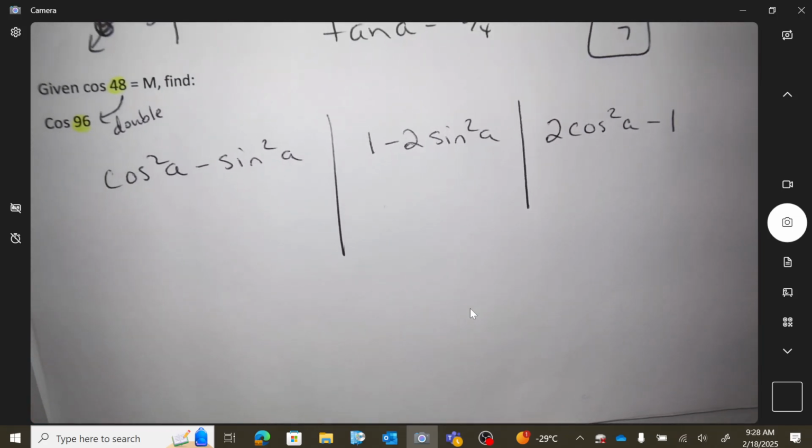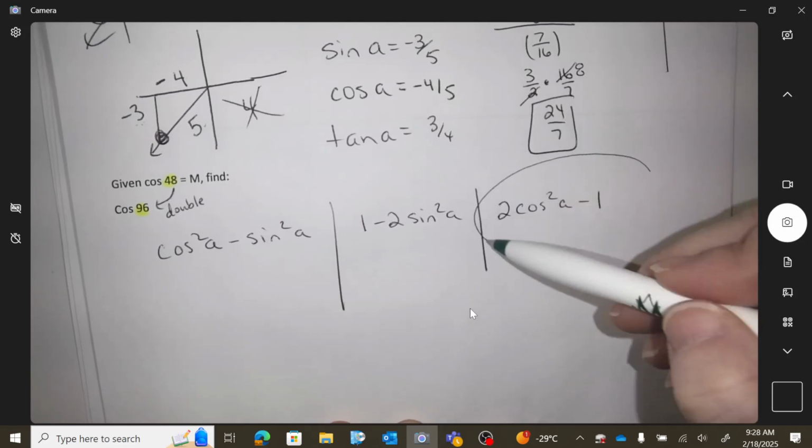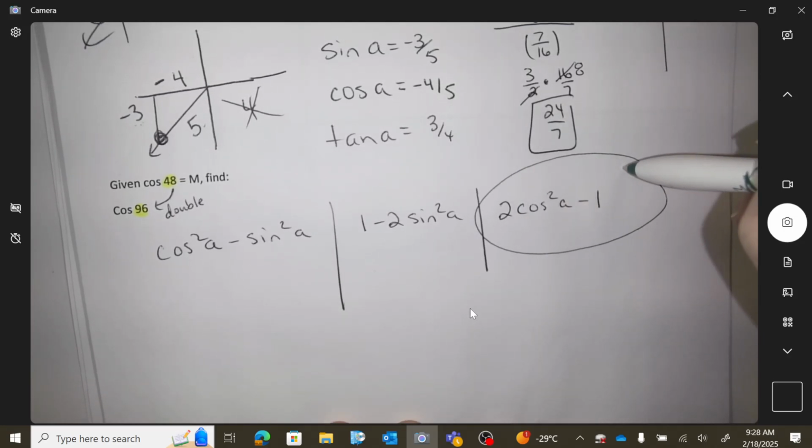Okay, so there's my options for my formula sheet. This one has 3. You have to use which one? You have to use this one. Why?